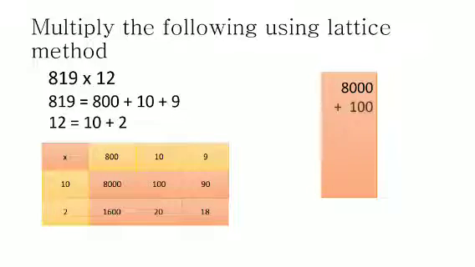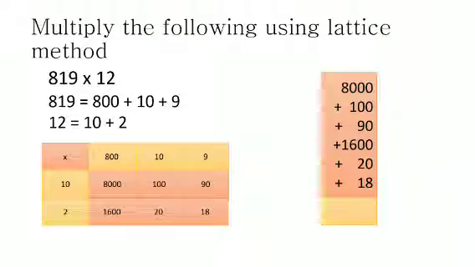8000 plus 100 plus 90 plus 1600 plus 20 plus 18. So 0 plus 0 plus 0 plus 0 plus 8, we will get 8. Now at the tens place, 0 plus 0 plus 9, 9 plus 0, again 9, 9 plus 2, 11, and 11 plus 1, 12.